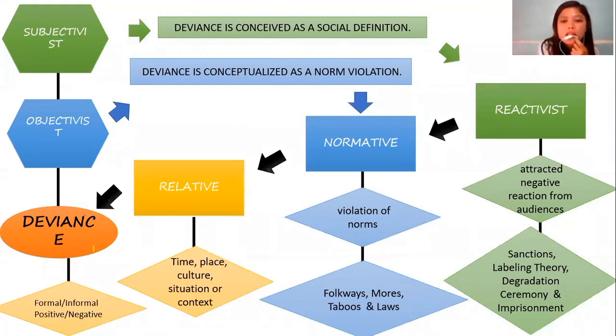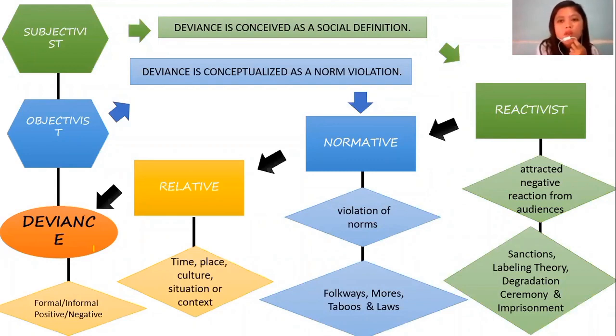So in deviance, folkways mark the difference between what is right versus what is rude behavior. So examples of folkways are the concept of appropriate dress, usually the correct manners that we do whenever we eat, whenever we drink, or whenever we greet people, and so forth.